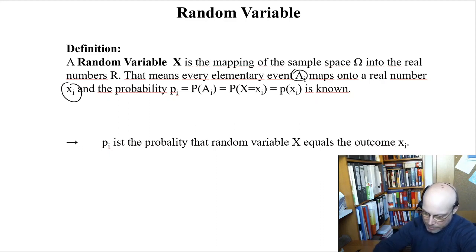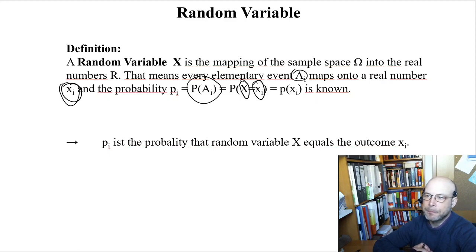Then we say the probability of this event Ai is just the probability of X being xi, which we get from this mapping onto xi, and this is known as the probability of some event. And pi is then the probability that the random variable equals some outcome xi, not more and not less.